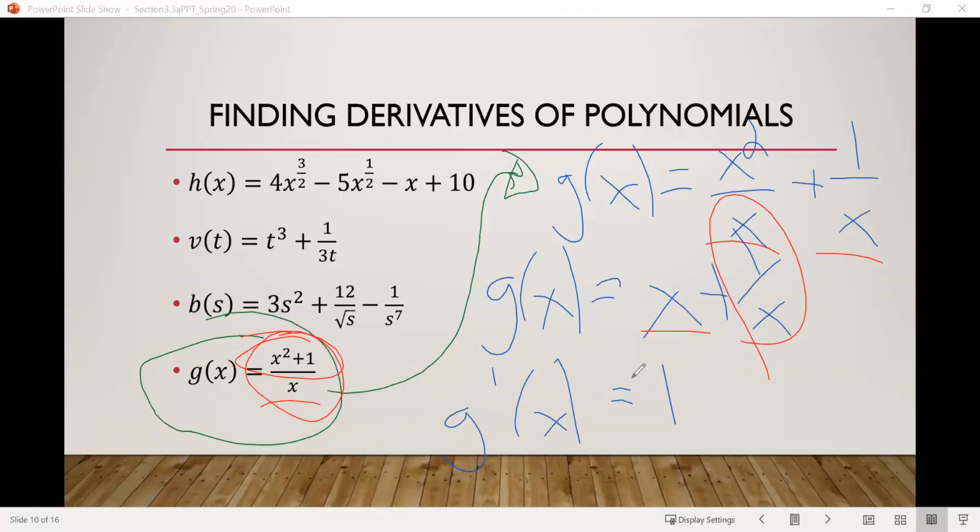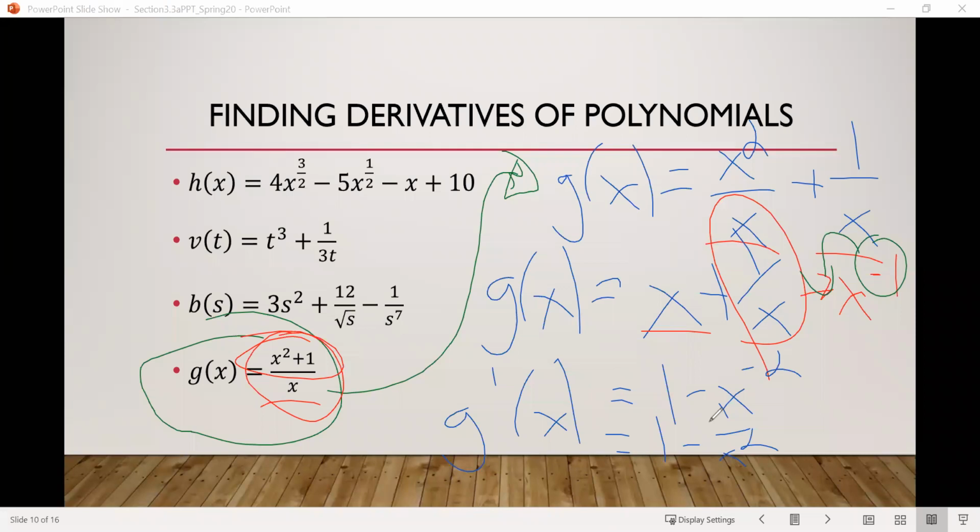Well, this is another one where we need to rewrite it as a power function. So this would be x to the negative 1 if we bring that out of the denominator. And we take our derivative by using our power rule. So bring the power down to the front and then subtract 1. So it becomes minus x to the negative 2, which you can write as minus 1 over x squared.